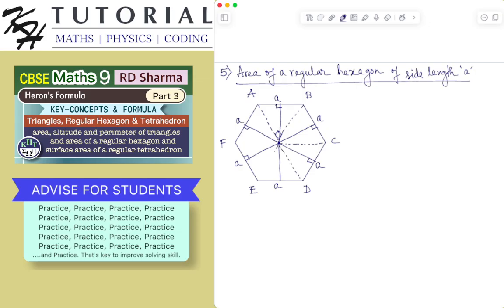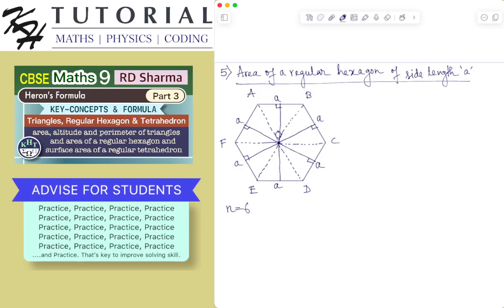I join vertex E with the center, and I join vertex F with the center. So basically, what is the center? Center is the point of intersection of all the perpendicular bisectors of the sides of a regular polygon. In this case, this is a regular hexagon, that is, the number of sides is 6. Now, I have joined the center with all the vertices.